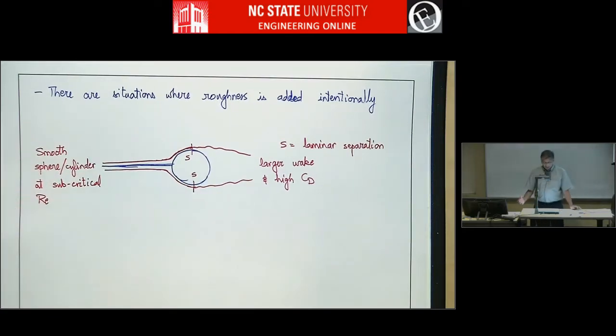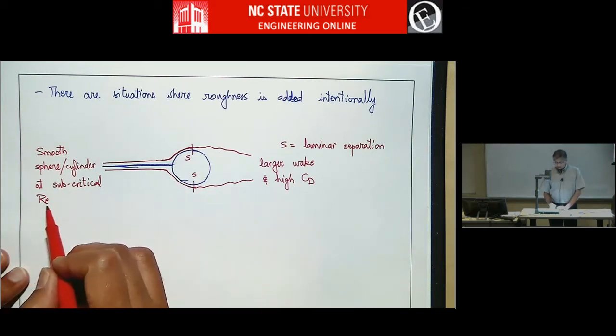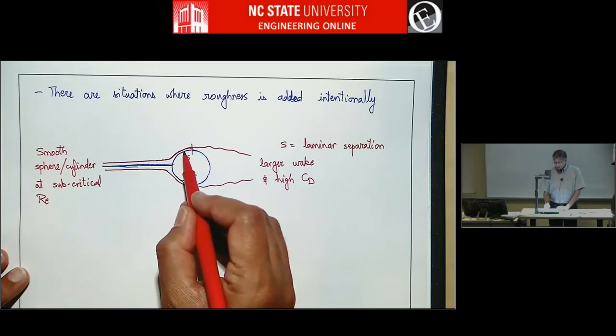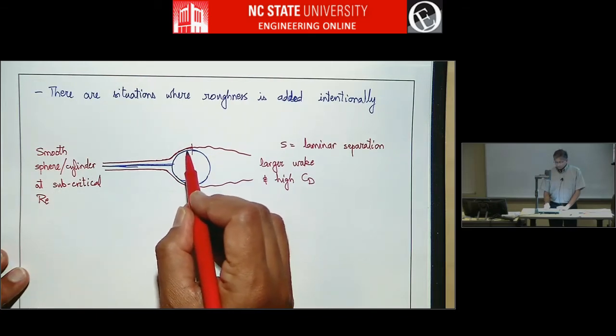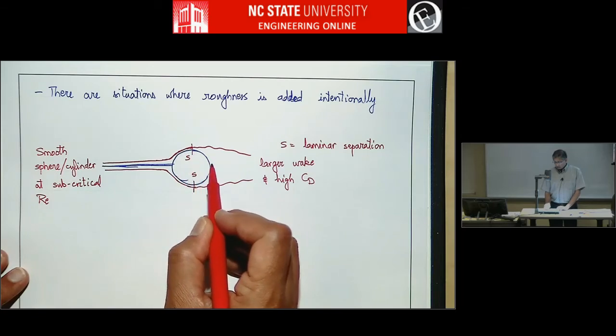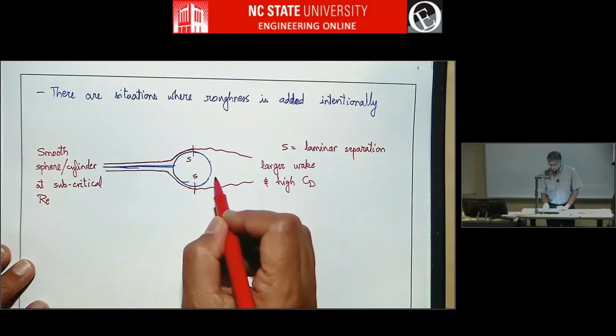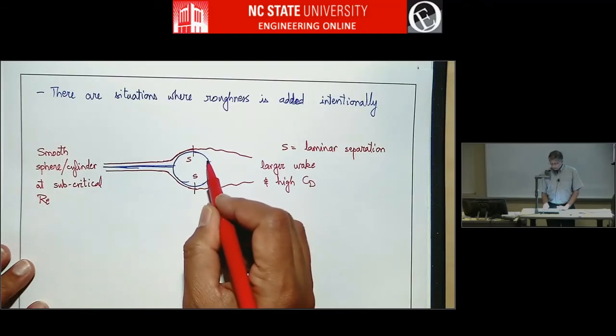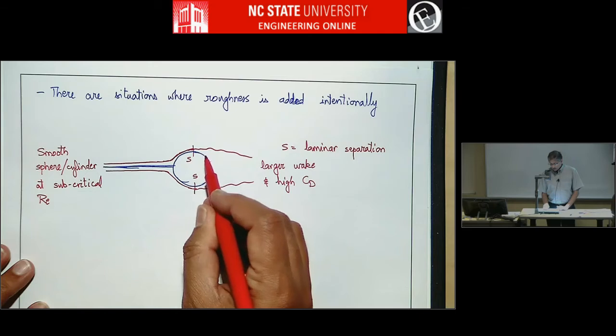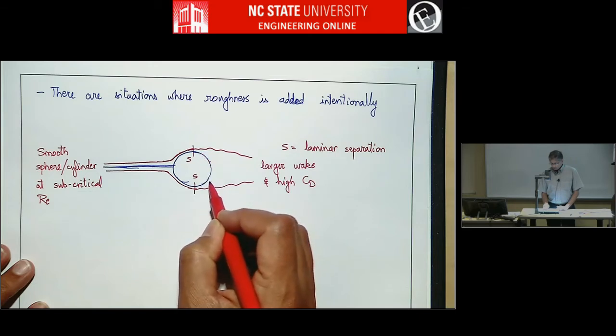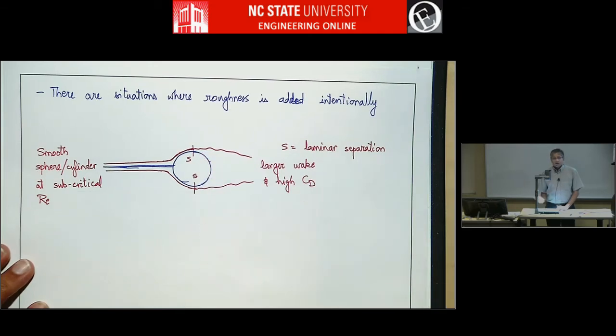If you go to a higher Reynolds number, we just talked about how higher Reynolds number will make the laminar boundary layer more unstable. So at higher Reynolds numbers, called supercritical Reynolds numbers, this laminar boundary layer will become turbulent somewhere around here, and the turbulent boundary layer will stick around into the adverse pressure gradient, and it will actually separate somewhere down here, maybe on the downstream half, and then you'll have a smaller wake.